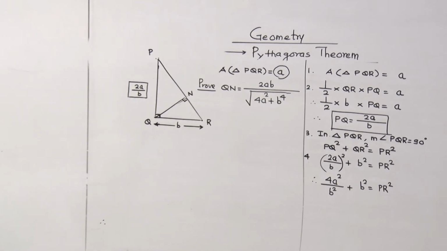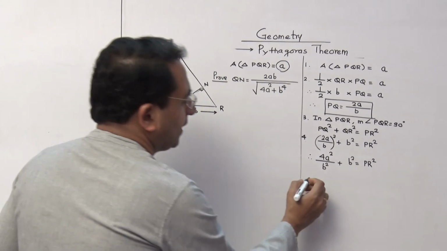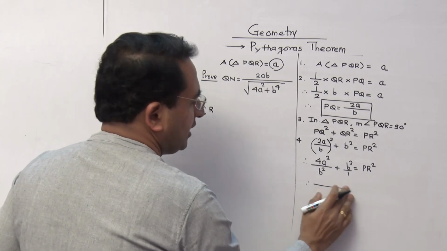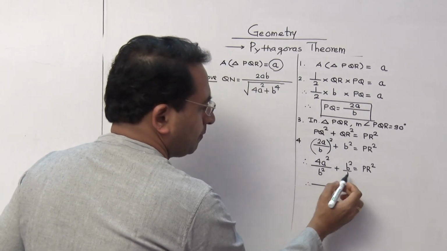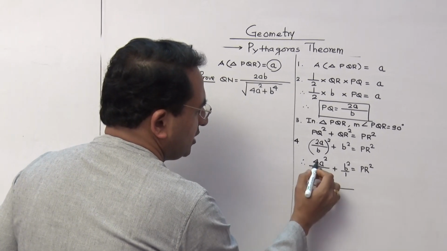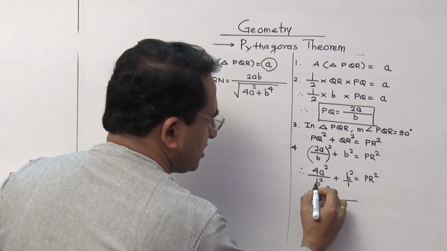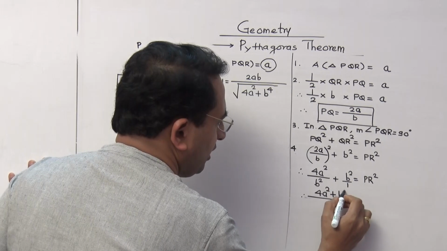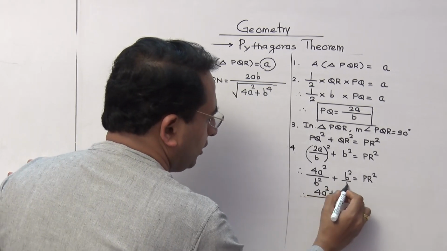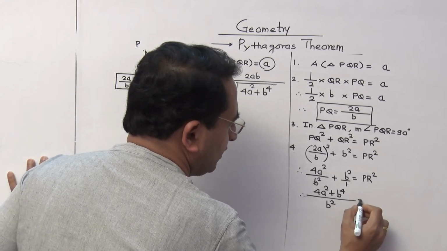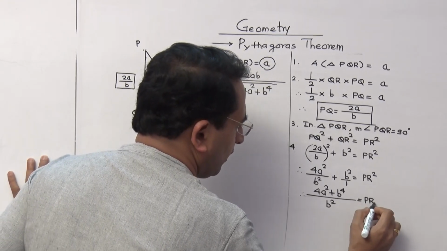Now what is the way we have to calculate? Therefore, I will take it as 1 and then cross multiply here. 1 into this, so 4A square plus this is going to be B raised to 4, upon the product of denominators, that is B square, that is equal to PR square.